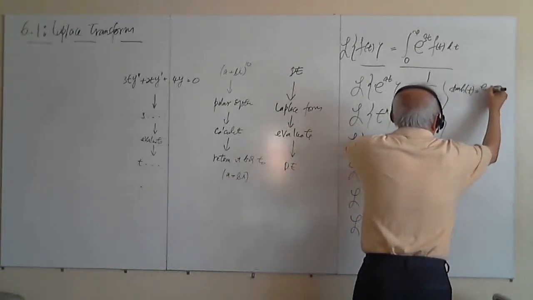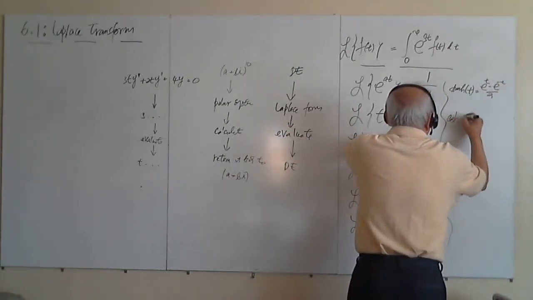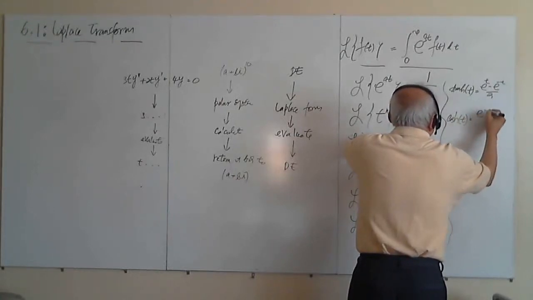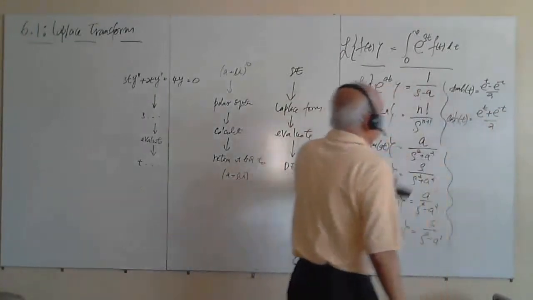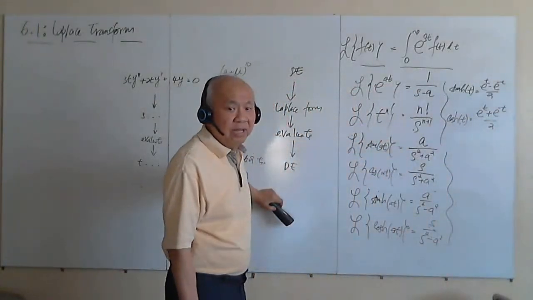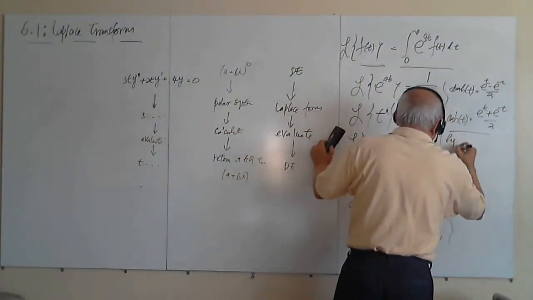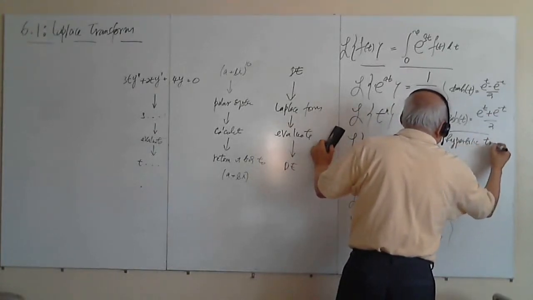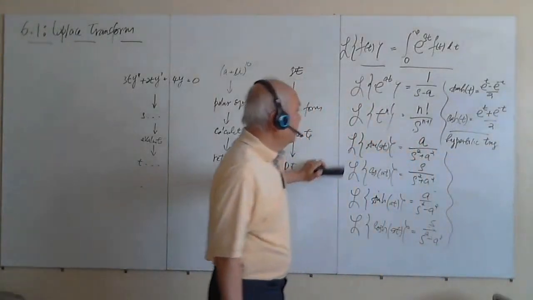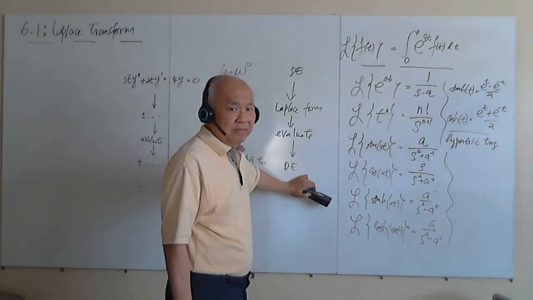Equal to e to the at minus e to the negative at, divided by 2. And then cosh at here is equal to e to the at plus e to the negative at, divided by 2. That is what they call hyperbolic sine and cosine, hyperbolic trig. For those, I think you should have gotten it in either calculus 1 or calculus 2.